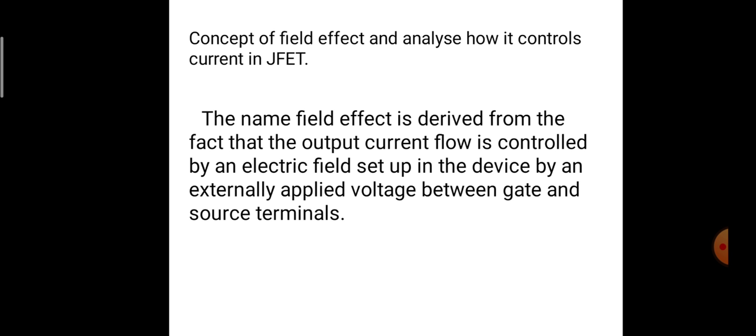The name field effect is derived from the fact that output current flow is controlled by an electric field set up in the device by an externally applied voltage between gate and source terminals.